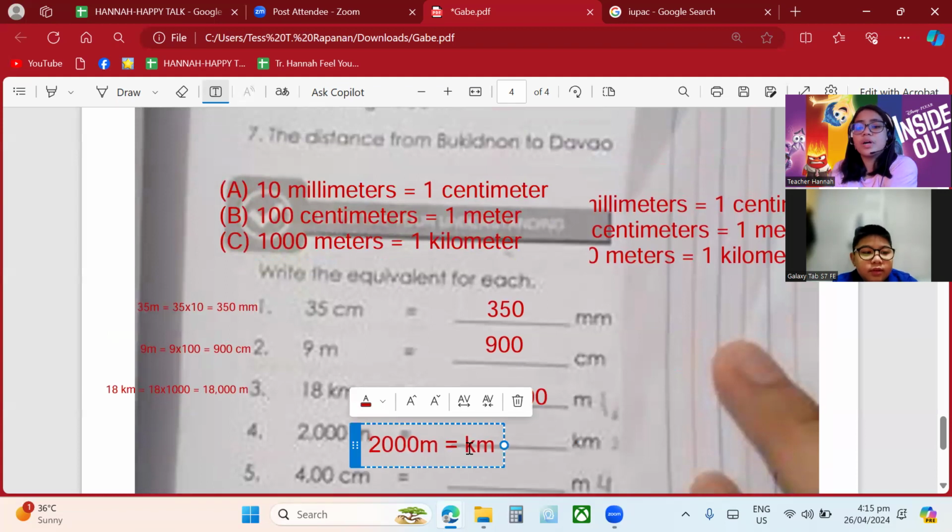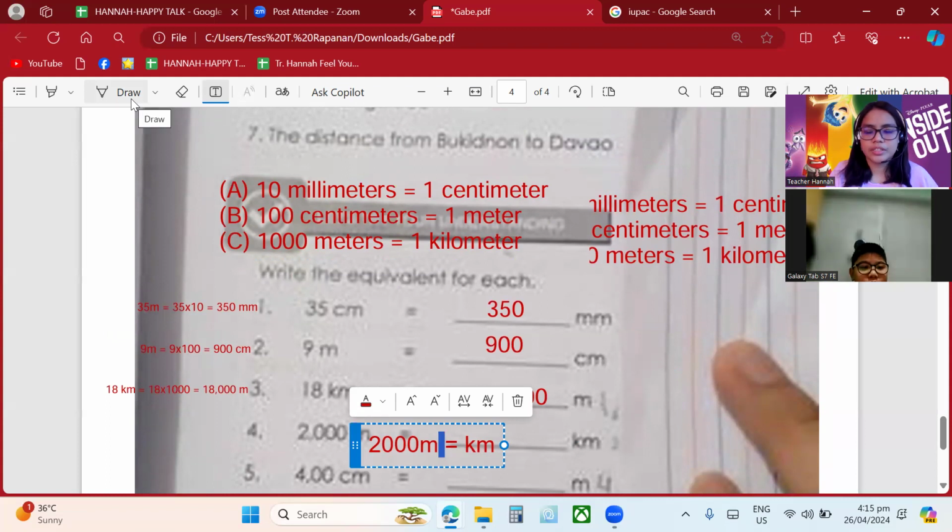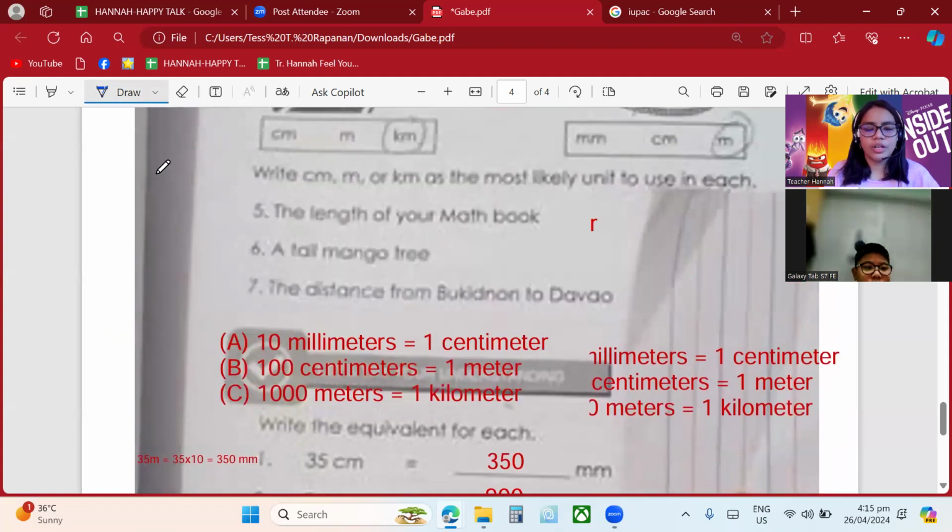So for this one, Gabe, which one is bigger, meters or kilometers? Which one is longer? I will draw.